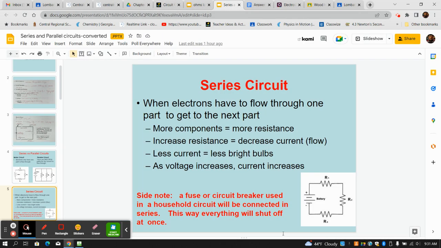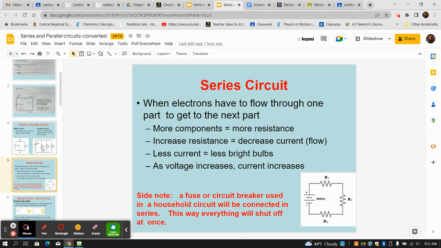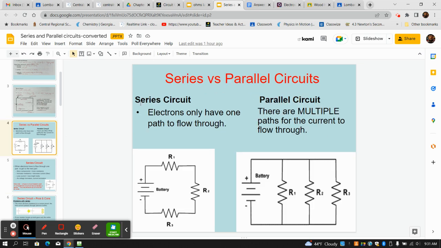Now, we need to know how to build a series circuit and analyze it and everything that's going on here. So what we'll write down is: series circuit. Okay, so I'm going to write that.